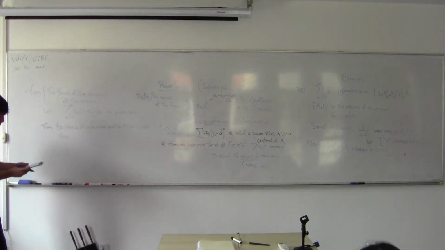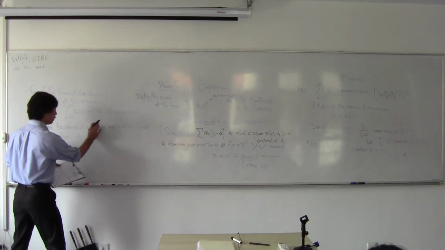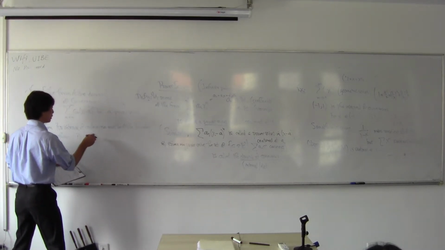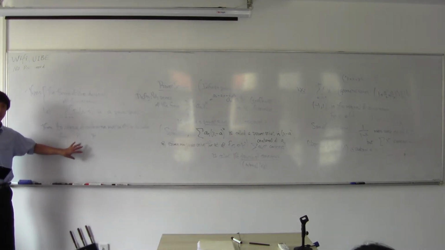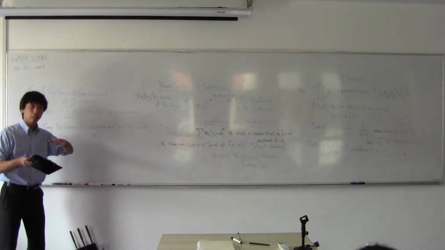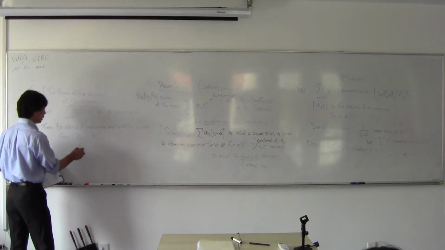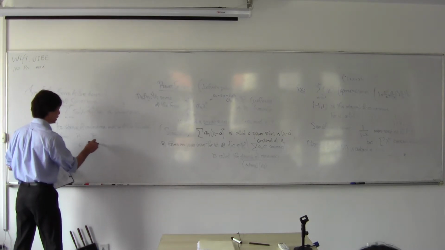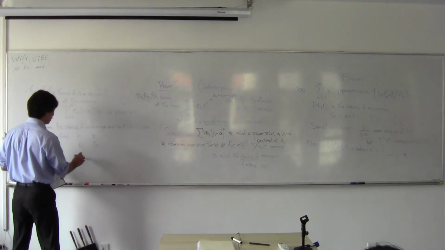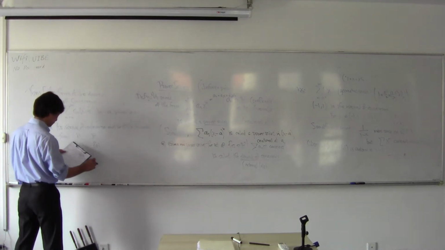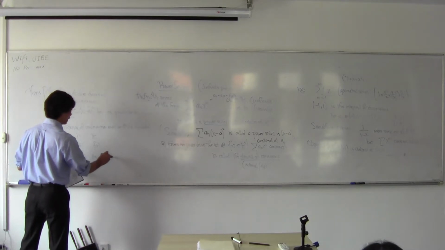It could be the whole line. So there are basically going to be three possibilities. Either the interval of convergence is the whole line, or the interval is just the point a, or the interval is an interval centered at a.